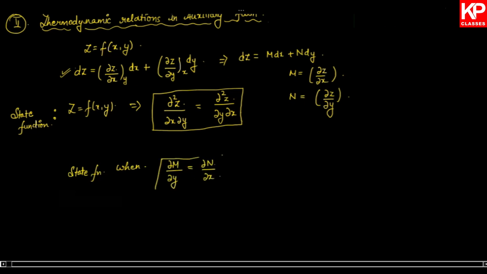I can write it like this because M is already the differential of the function z in terms of x, and N is already the differential of the function z in terms of y. So we can directly differentiate once with respect to x and y respectively, in their order, and we get that the system is a state function if this particular expression holds. Please note this down, and then we will be moving on.